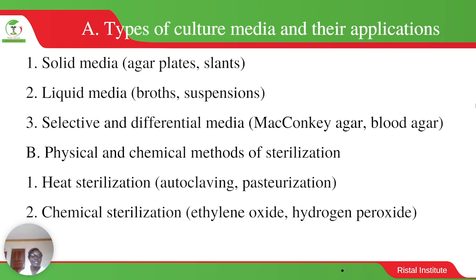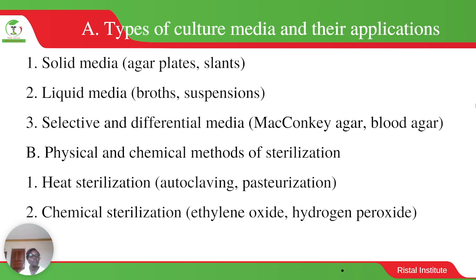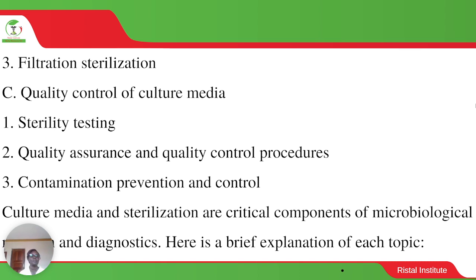So the media contains all the elements that most bacteria require for growth. Okay? And it is non-selective. It is used for the general cultivation and maintenance of bacteria collections.